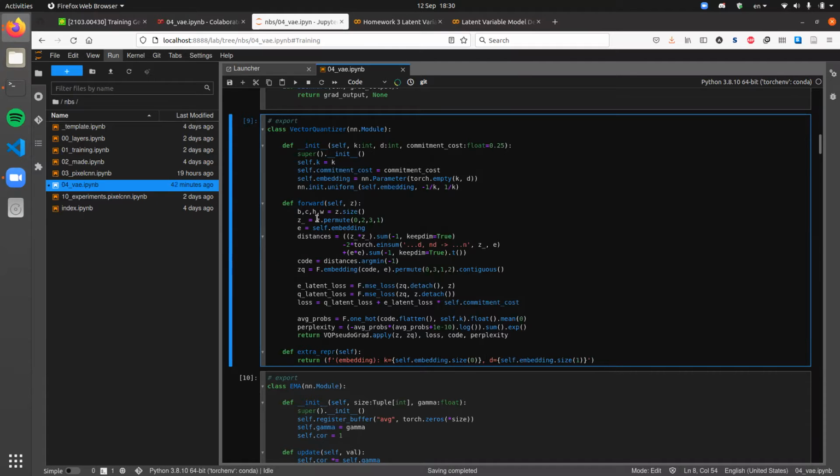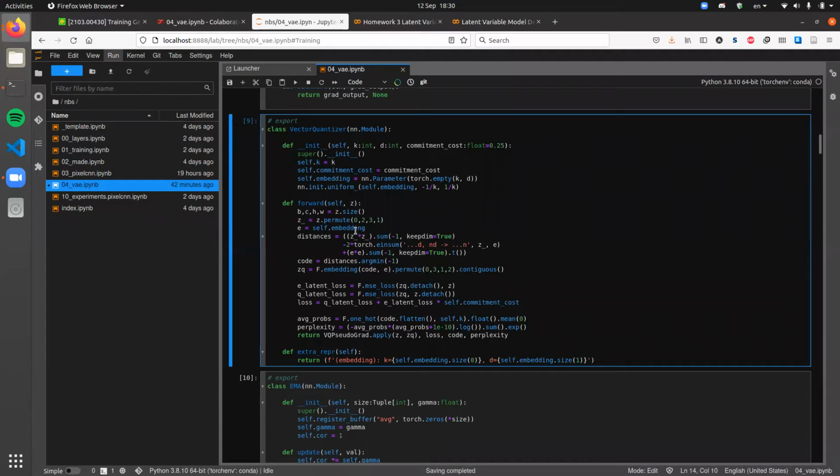So we take this output of the encoder, and then we compute the distances between the encoder outputs and the embedding vectors. These are just regular L2, or Euclidean, distances.